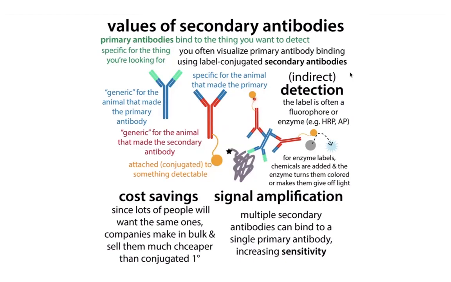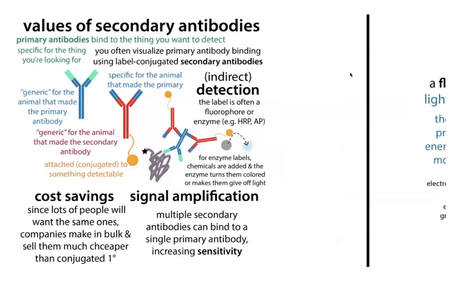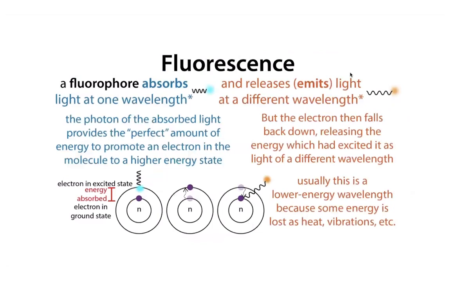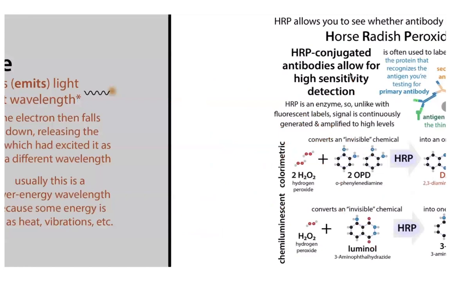And by having them be cheaper and more people wanting them, you can get secondary antibodies with a bunch of different detection methods. These could be fluorophores. Remember, a fluorophore is just something that absorbs light of one wavelength and lets off light of a different wavelength.